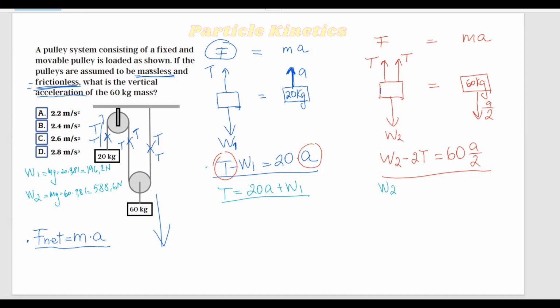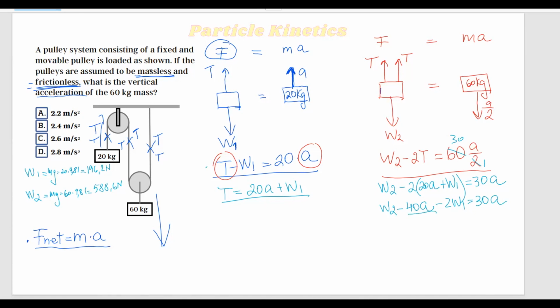So now with this, we can come back here and substitute. We're going to have W2 minus 2 multiplied by (20A plus W1) equals 60A over 2. Here we can reduce, so it's going to be equal to 30A. Now let's open the parentheses. We're going to have W2 minus 40A minus 2W1 equals 30A.